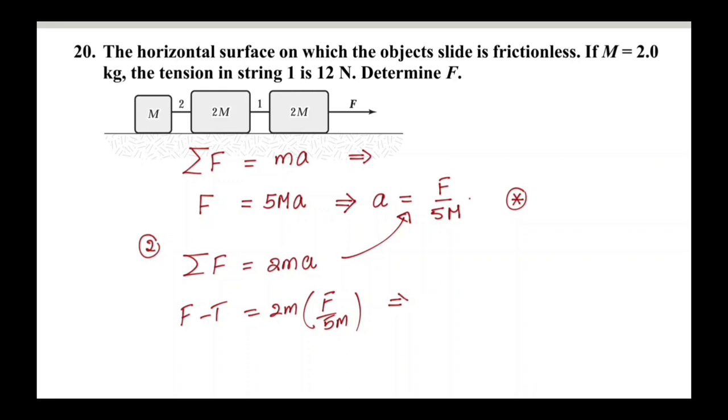Simplify this: F minus 12, because the tension is 12, equals 2F over 5, or in other words F equals 20 newtons.